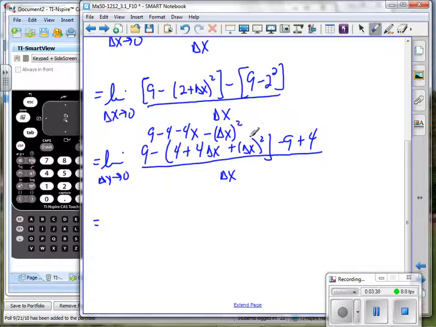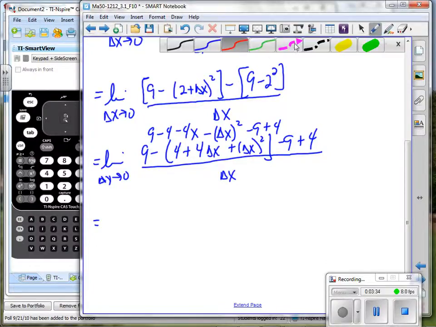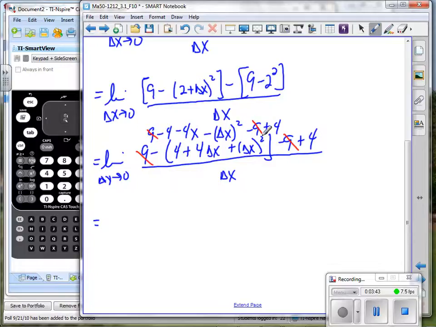Be careful of your negatives. That is what is going to trip up some people, and it's so unfortunate that happens. But at this point, every term that does not have a delta x in it is going to cancel out. Every term without a delta x.